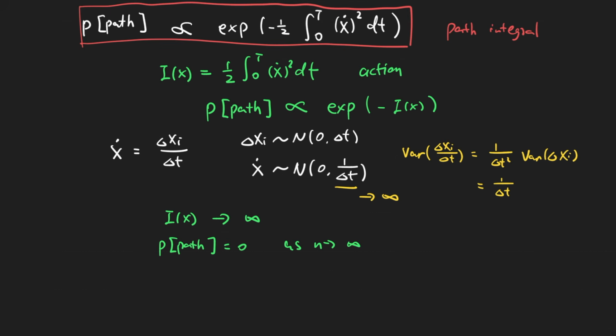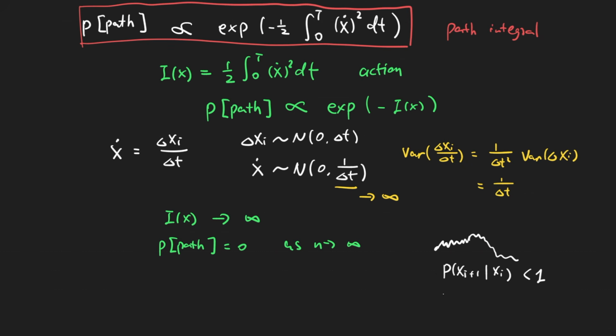Okay, even though this is kind of a problem for the path integral, it does make sense. Because if you think about the process, when we generate a path, we need to sample an infinite number of Gaussian distributions. So each probability density is smaller than 1.